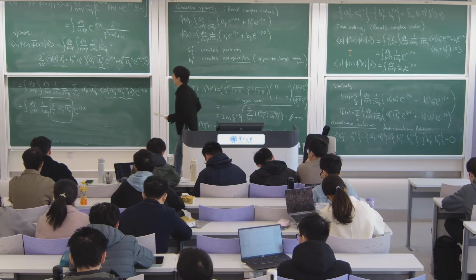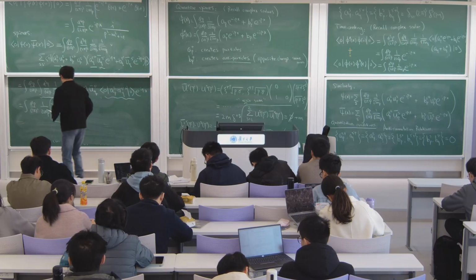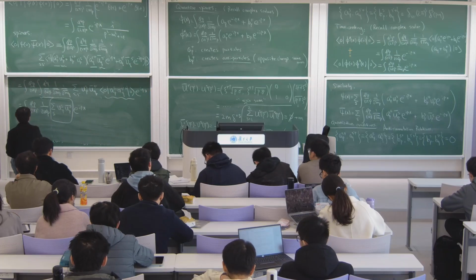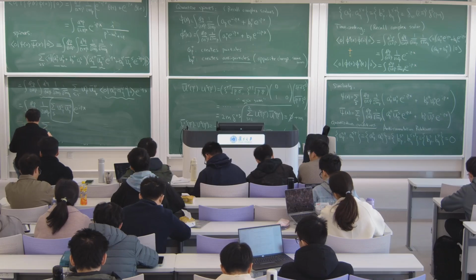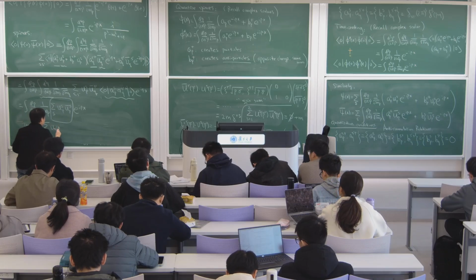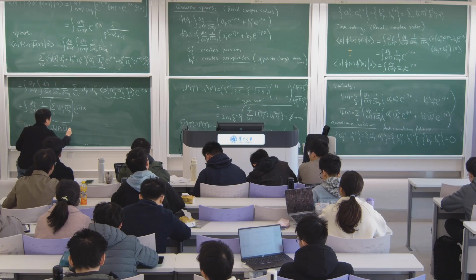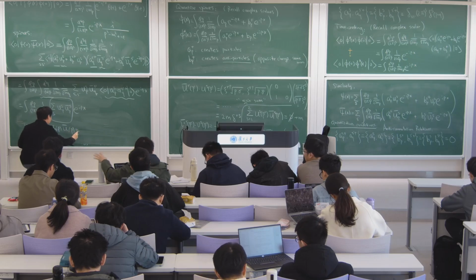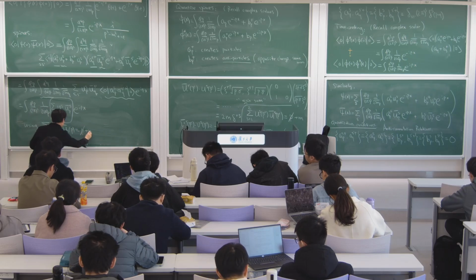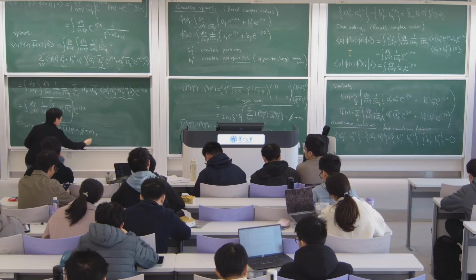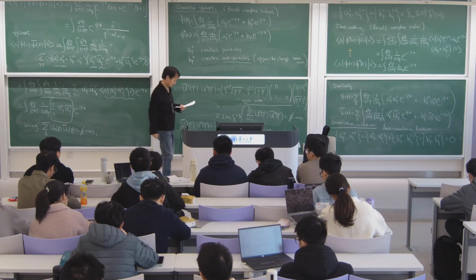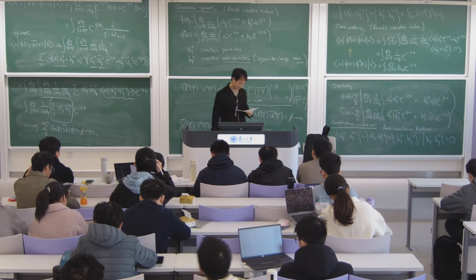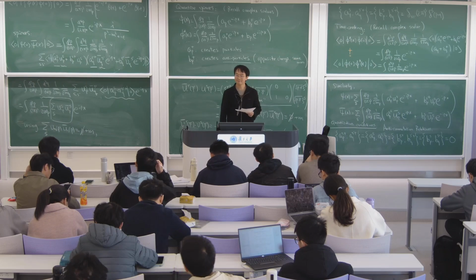So we use the spin sum relation, which we derived before: the sum over s of u_p^s ū_p^s equals p slash plus m. Use this one, and you can further simplify.